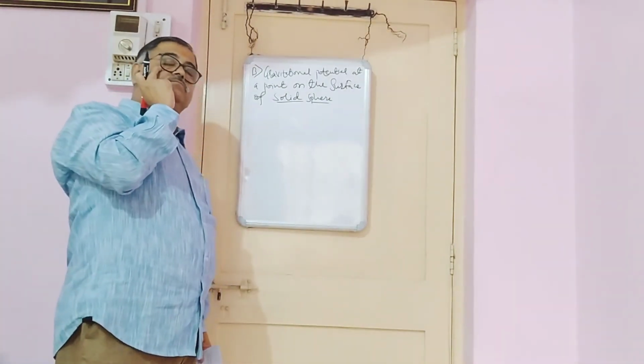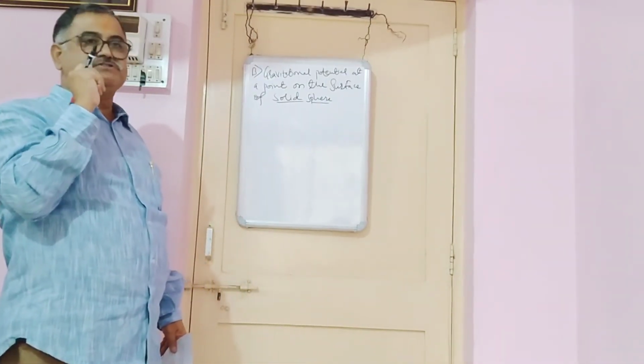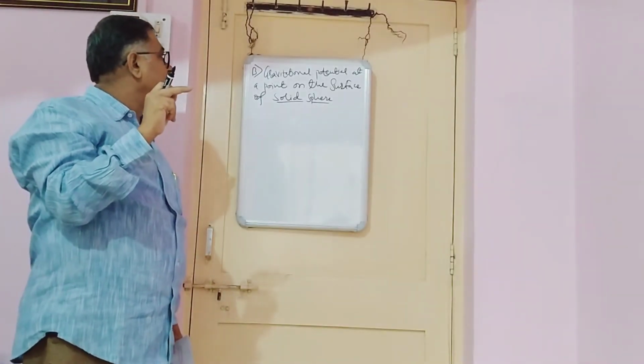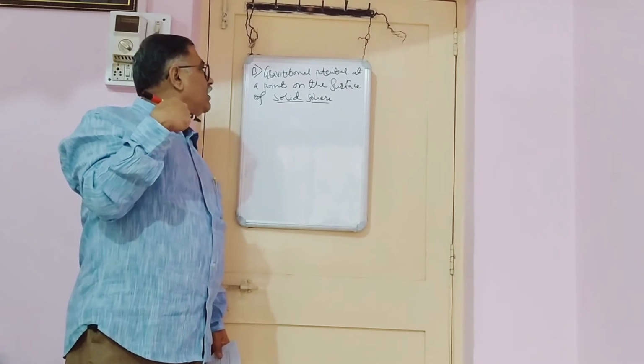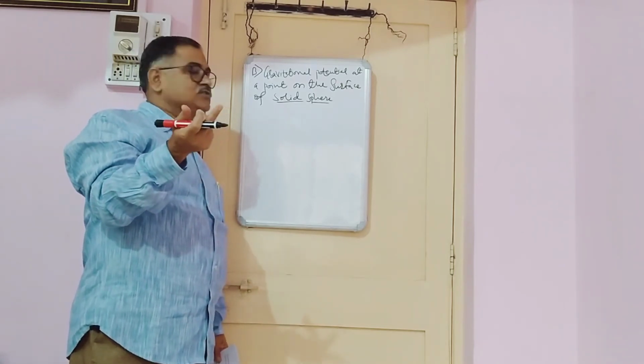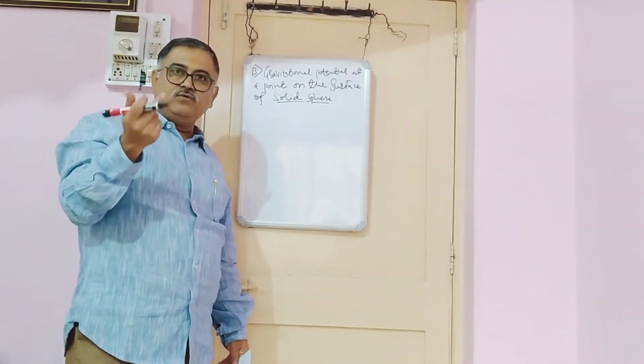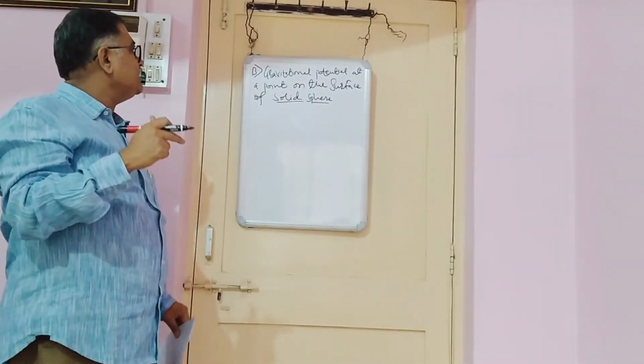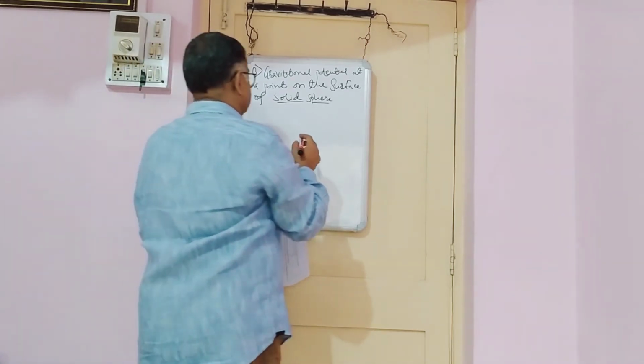See here, the last case was the gravitational potential at a point outside the surface of the solid sphere. Now the point is situated on the solid sphere.